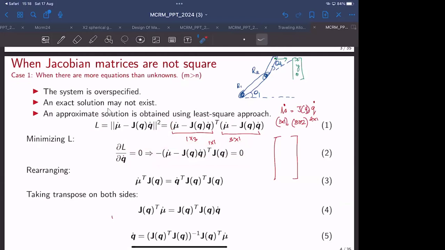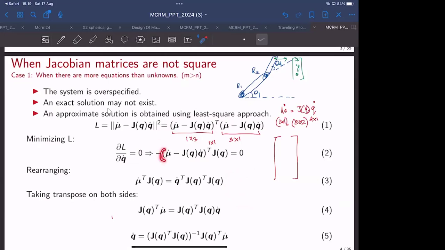I hope that is clear. If you take the derivative with respect to Q dot, because essentially this term is a square of itself, something like x squared, the derivative of x squared with respect to x would be nothing but 2x, right? So that's why I have simply removed that 2 because the right hand side is 0.